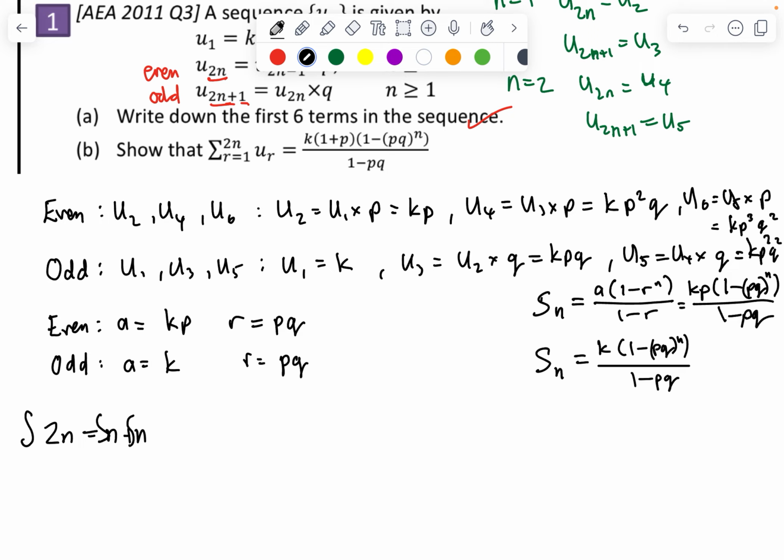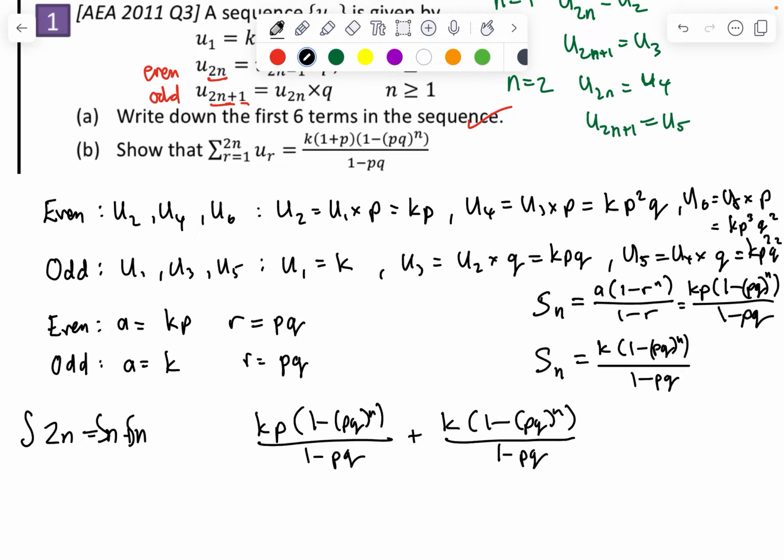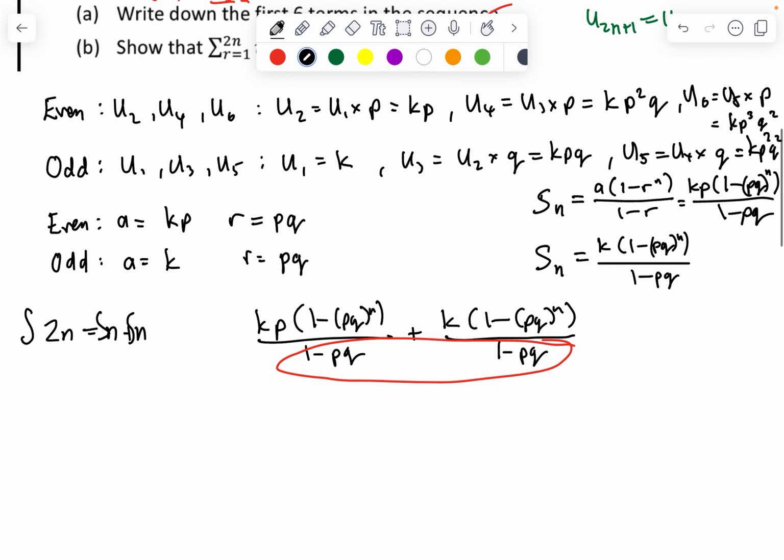So I'm going to do kp times 1 minus pq to the n over 1 minus pq, and add to that k times 1 minus pq to the n over 1 minus pq. Well, we can see that we've got a common denominator, so we can turn it into a single fraction over 1 minus pq, and I'm going to have kp times 1 minus pq to the n plus k times 1 minus pq to the n.